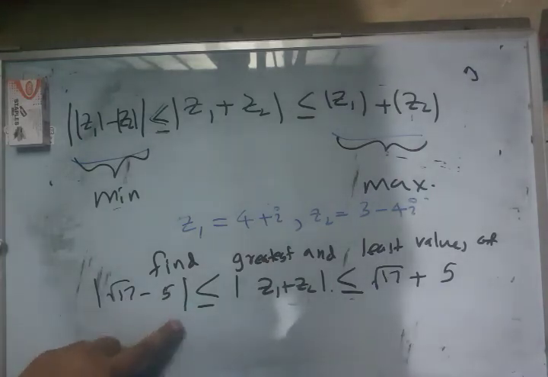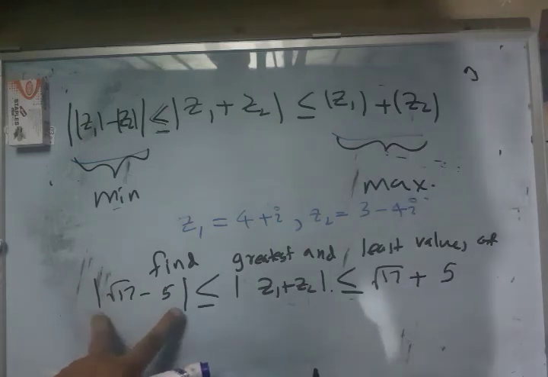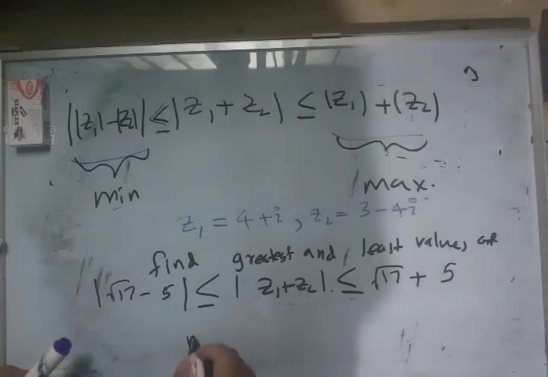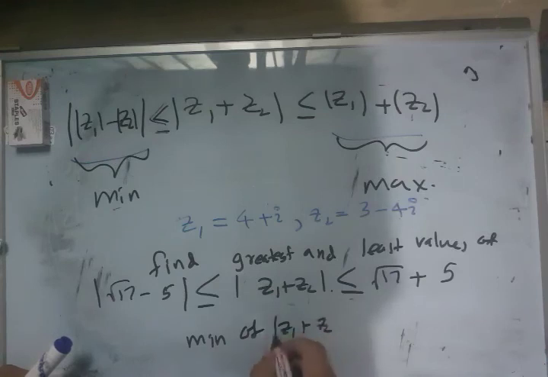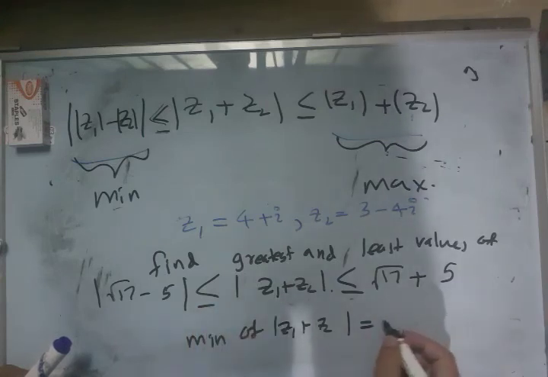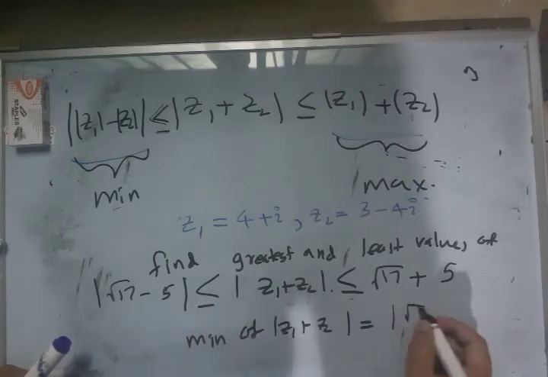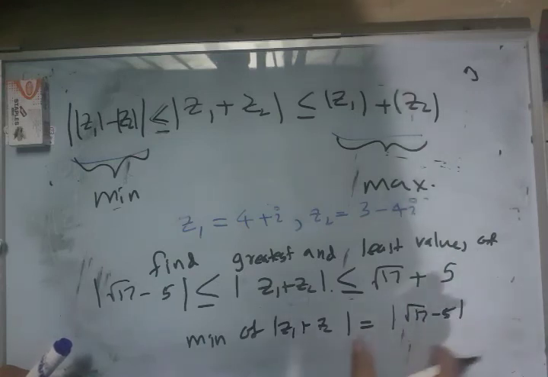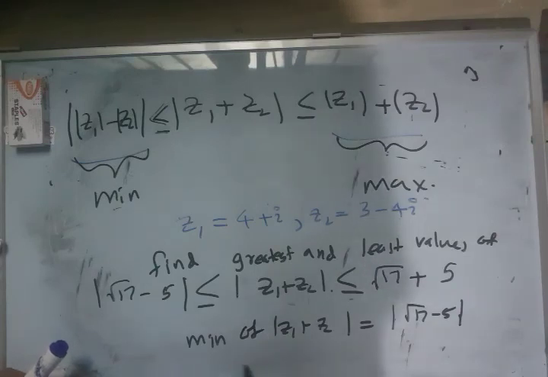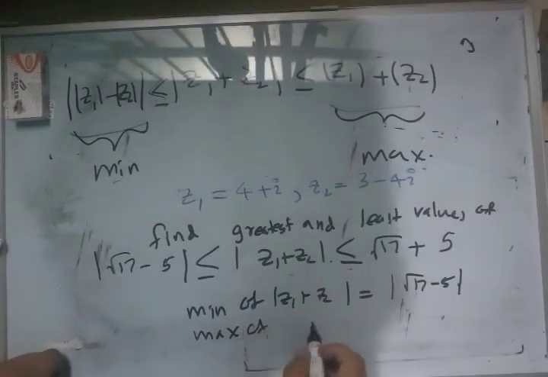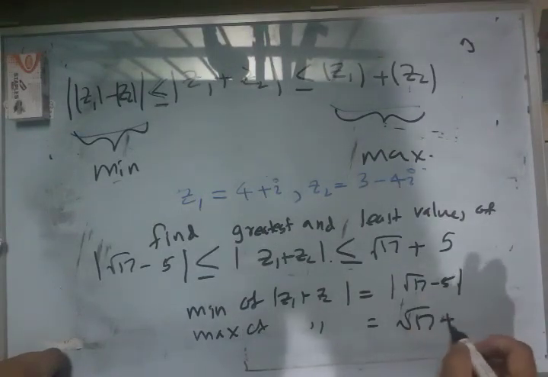This will give you a negative value, but the negative will cancel off due to this modulus. So the minimum of the modulus of Z1 plus Z2 is root 17 minus 5. I'm not going to simplify this because it is in square root, and the maximum of this is root 17 plus 5.